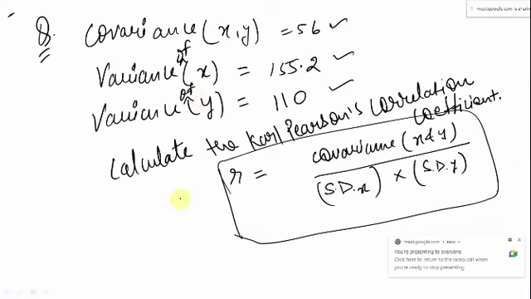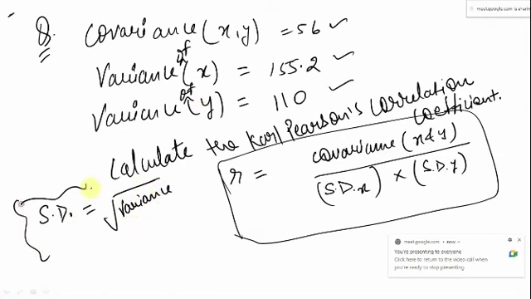Now please listen. Always remember that standard deviation is equal to the square root of variance. Please note it down: there is a relation between standard deviation and variance, that is, standard deviation is nothing but the square root of variance.